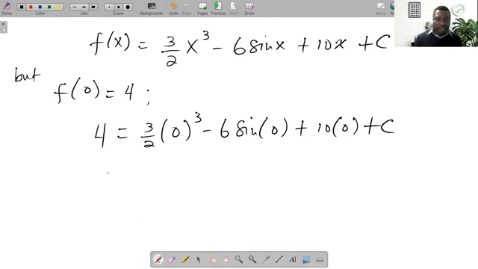That means that I have 4 here. Everything here will go to 0. Sine 0 is 0. Everything here is going to go to 0. 10 times 0 is 0. So my c will be 4.